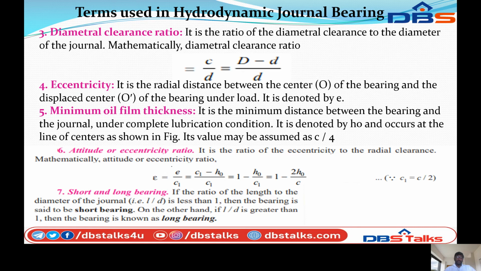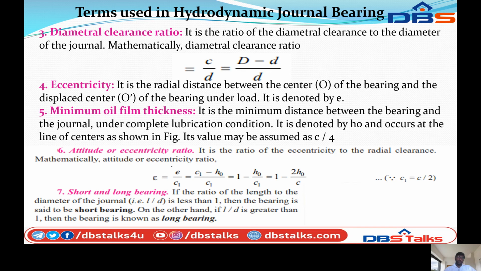So epsilon is equal to C1 minus H0 by C1, that is equal to, cancelling C1 in numerator and denominator, 1 minus H naught by C1. Replacing C1 by C by 2, 1 minus H naught by C by 2.